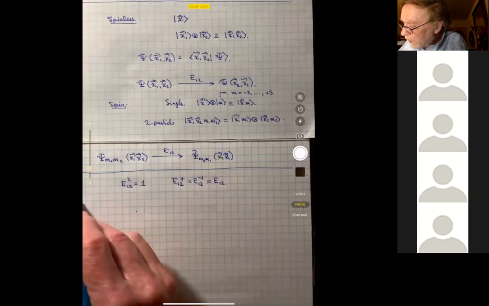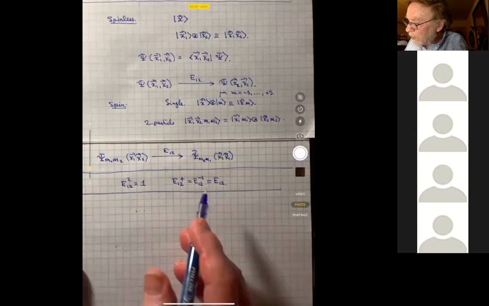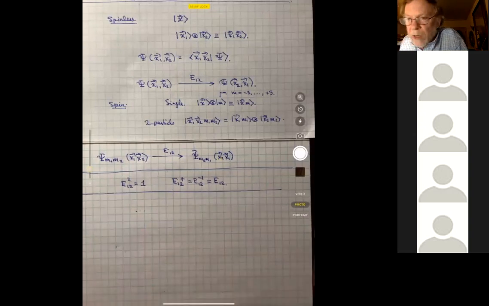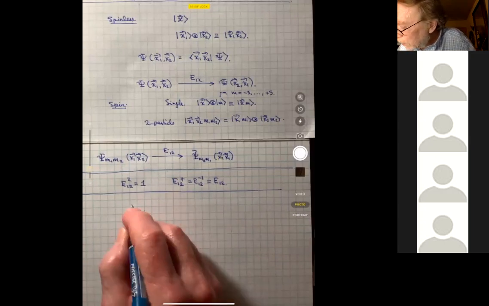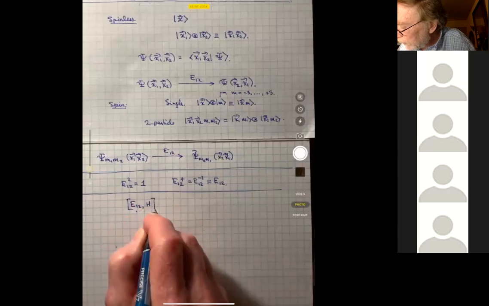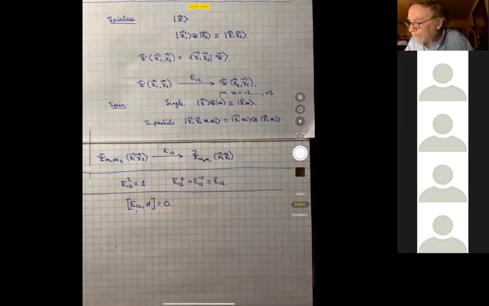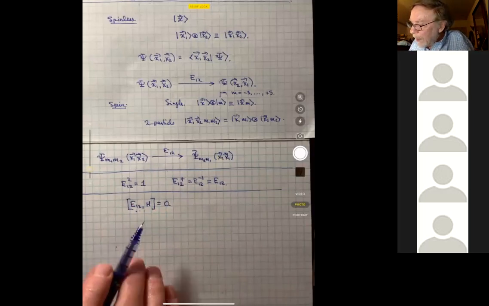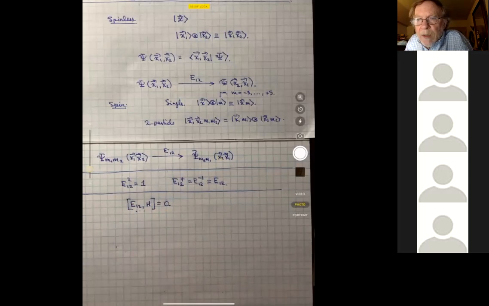So what this means is the exchange operator here, exchanging these two particles, is an operator that's both Hermitian and unitary. All right, and as I explained above, this E12 commutes with the Hamiltonian. The Hamiltonian I wrote down above anyway commutes with that one. So this means then that the Hamiltonian possesses simultaneous eigenstates with the exchange operator E12.